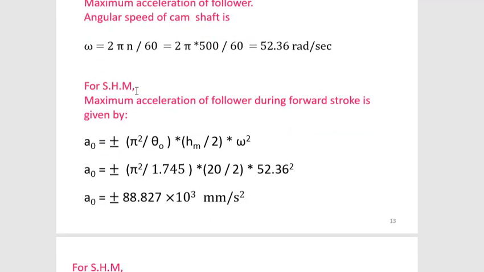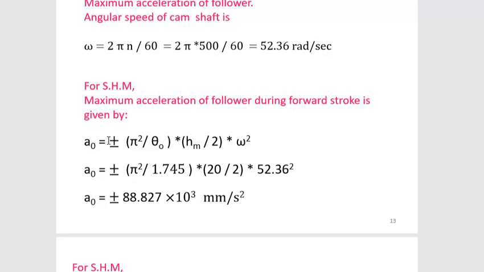For simple harmonic motion, the maximum acceleration of a follower during the forward stroke is given by this formula. Here O stands for the forward stroke. So acceleration at the forward stroke is plus or minus pi squared over theta O squared, the whole thing multiplied by h upon 2 multiplied by omega squared.